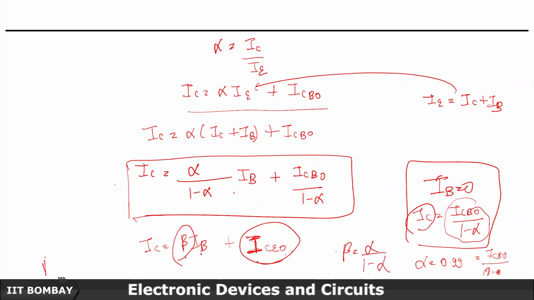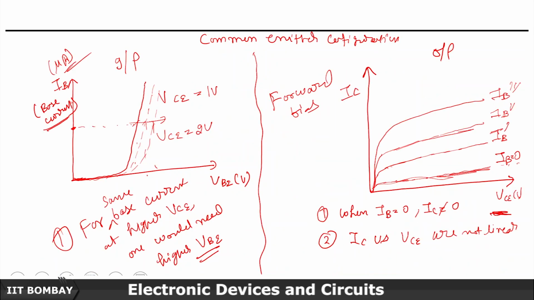Okay, so beta can loosely be defined as IC divided by IB. Beta is a very important factor when it comes to the common emitter configuration, and this decides a lot.